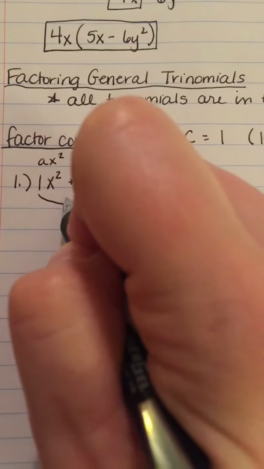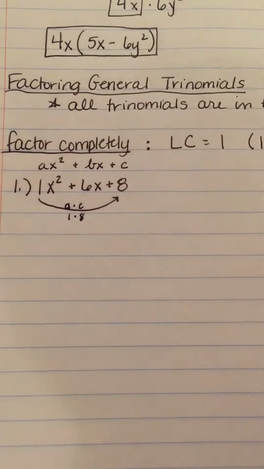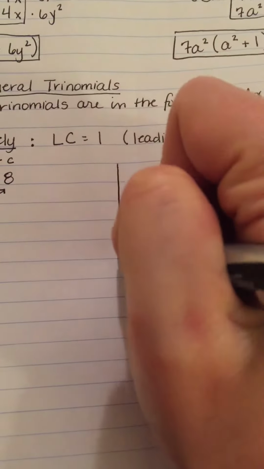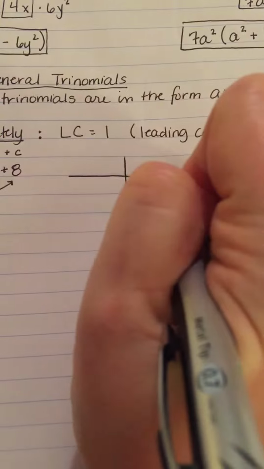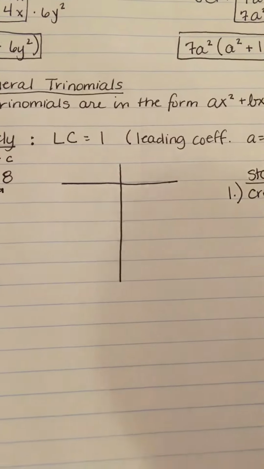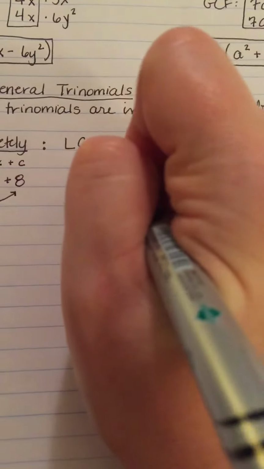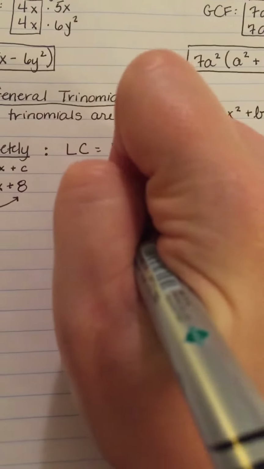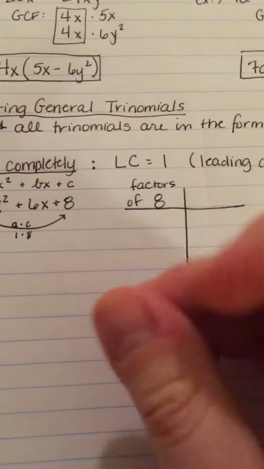So this A times C, which is the same as 1 times 8. Okay, so my t-chart is going to look something along the lines of this. So basic t. And on this side, I'm going to put down the factors of 8, because 1 times 8 is 8. Okay?